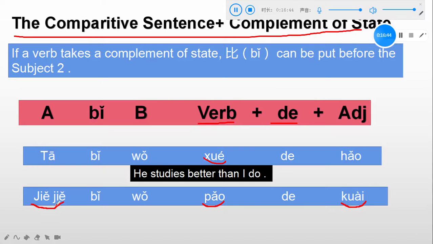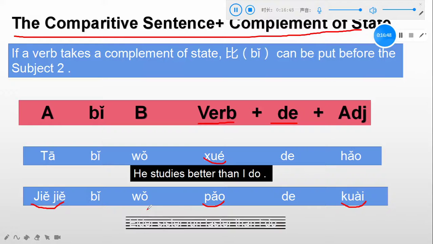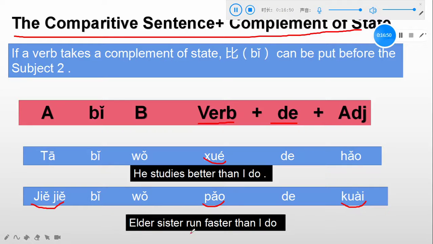So elder sister ran faster than I do. This is the comparative sentence plus the complemental state. It's a combination of these two parts, but I think it looks easier. 他比我学得好 and 姐姐比我跑得快.